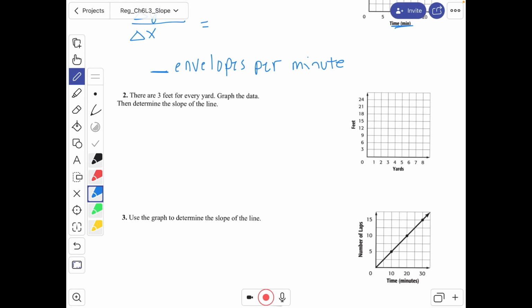Number 2 says there are 3 feet for every yard. So that means for 1 yard, there's 3 feet. 2 yards, 6 feet. 3 yards, 9 feet. And if I had 0 yards, I'd probably have 0 feet.